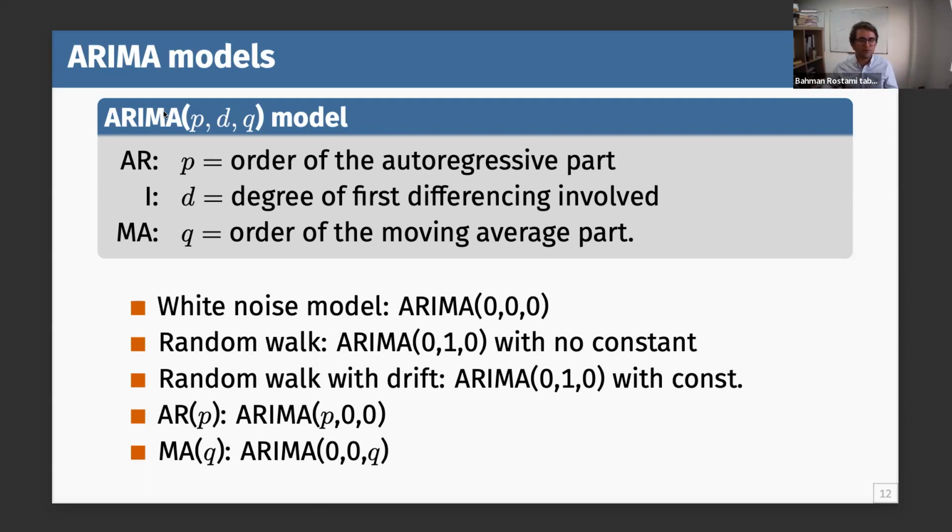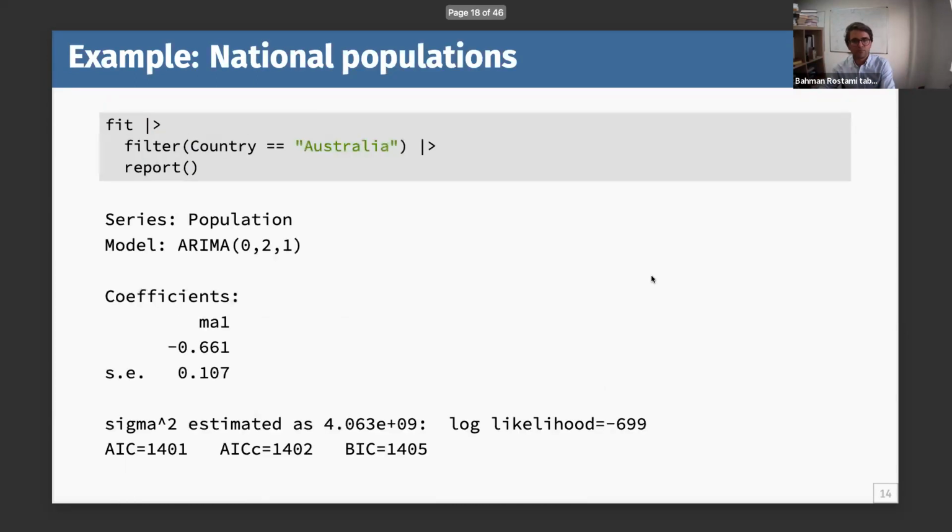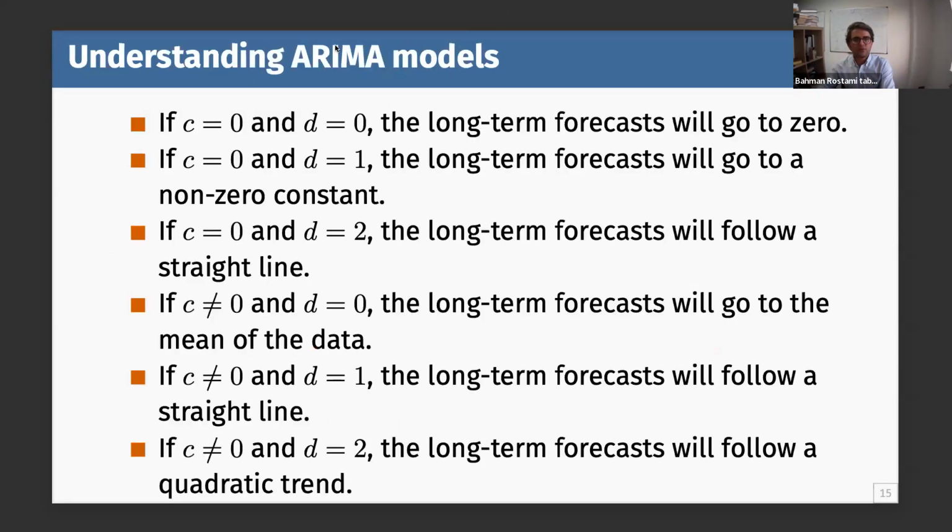It tells us which model has been returned, and it also tells us the estimated values of the parameters of that model. Okay, so now there are some aspects of ARIMA that we may need to understand better.